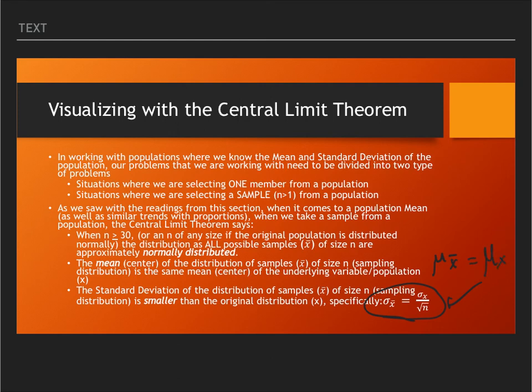So mu sub x bar, the middle or the mean of my samples of size n, will be equal to the mean of my original data. So the centeredness of my distribution remains the same, but the spread changes quite a bit, and the spread is what we see with our standard deviation.